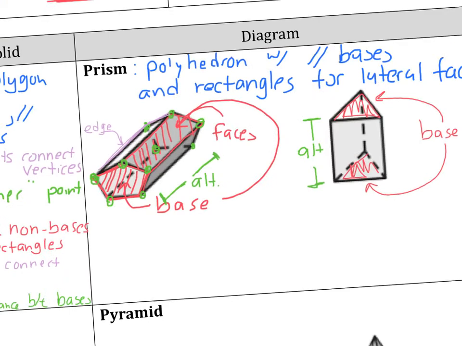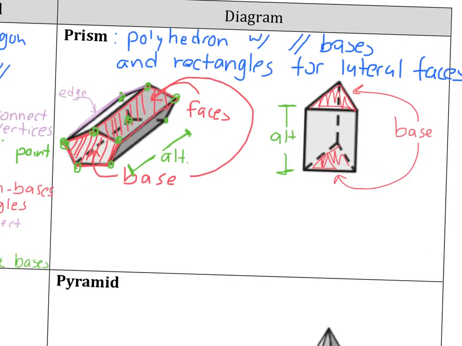When we name these, this whole thing is a prism. Why? Because it has parallel and congruent bases. And we always define the prism by the name of its base. So in this case, my base here up front is a hexagon. So we call this, that's not a hexagon.